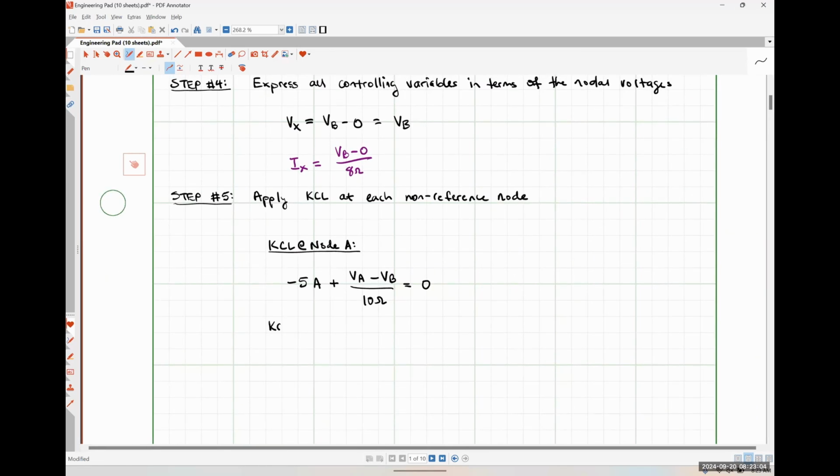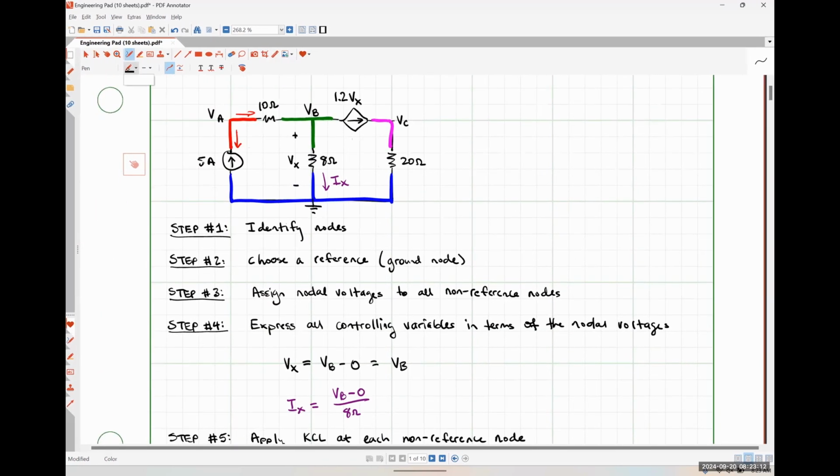Now we can do KCL at node B. So that will be this current flowing to the left through the 10 ohm resistor, this current flowing down through the 8 ohm resistor, and this current flowing to the right through the current source. So let's start with the current flowing to the left through the 10 ohm resistor.